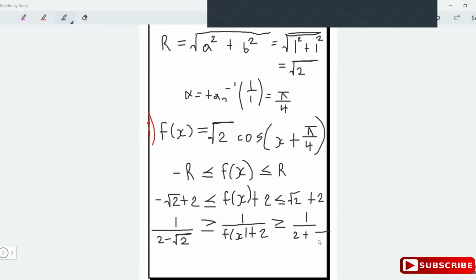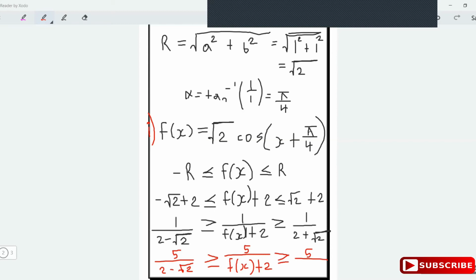Then now, remember what the question wanted. It wanted 5 over f of x plus 2. So now you're going to multiply each side by 5 to get 5 over f of x plus 2, and it's going to be less than or equal to 5 over 2 minus root 2, and greater than or equal to 5 over 2 plus root 2.